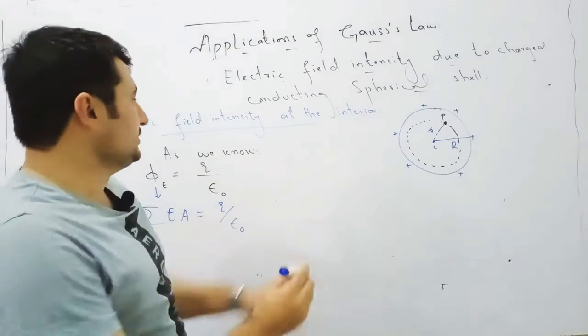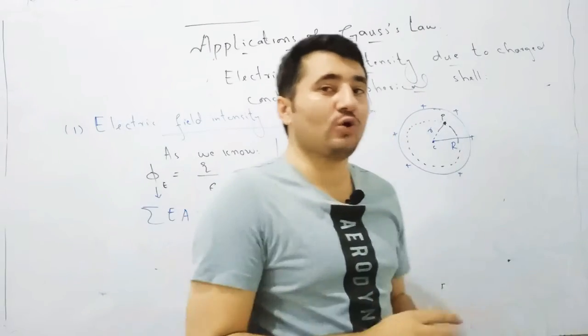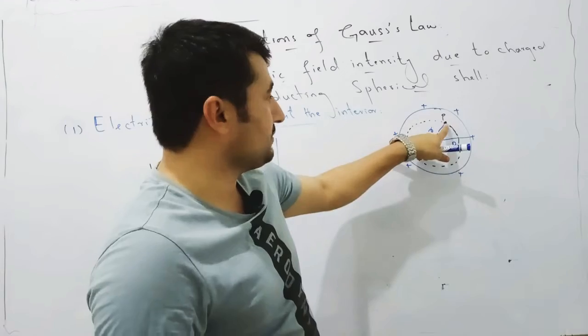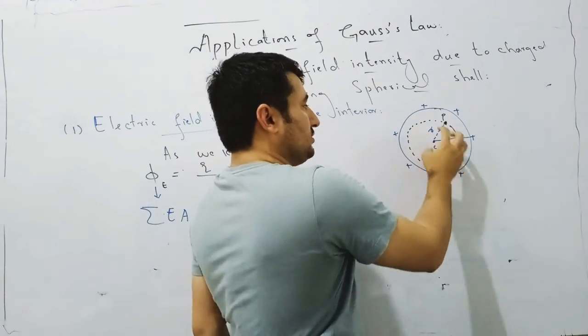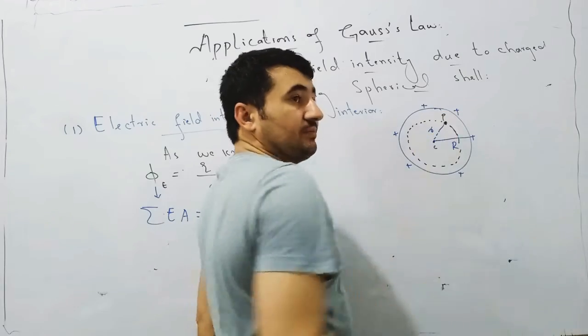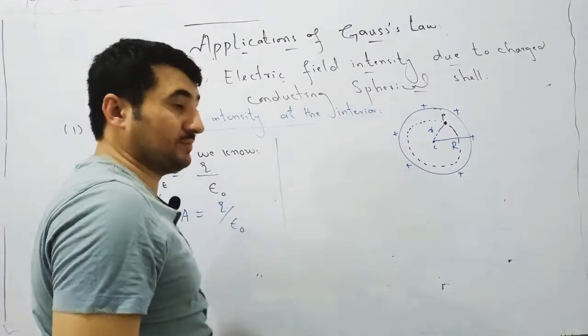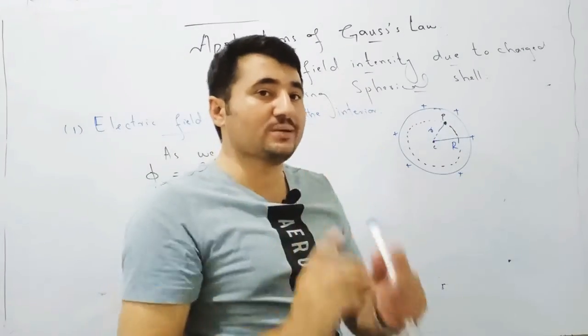What we studied in our previous lecture is that the electric field inside a conductor is 0. Again, for the Gaussian surface, at point P where you find the electric field intensity, there is no net charge inside this surface. Clear? There is no charge enclosed inside this Gaussian surface. Remember, we consider this imaginary closed surface for simplicity.